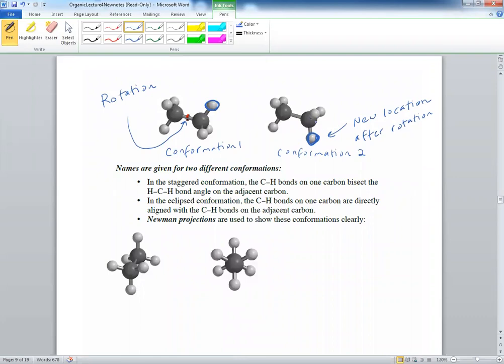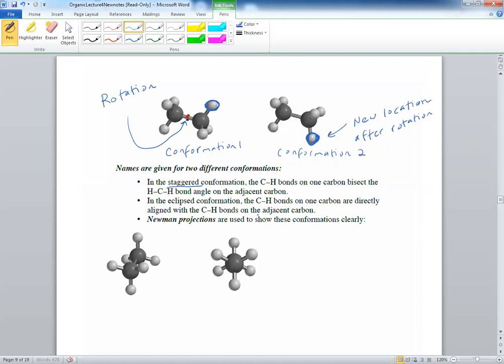We can't call them the same. Well, we have a name for them. We have what we call staggered, a conformation. The CH bonds on one carbon bisect the HCH bond angle on the adjacent carbon.